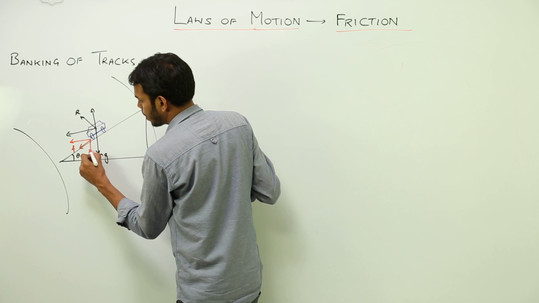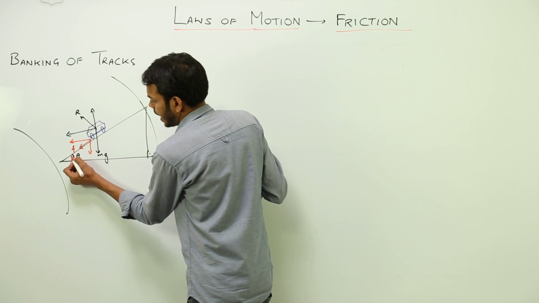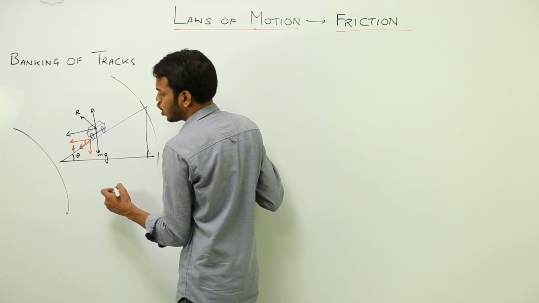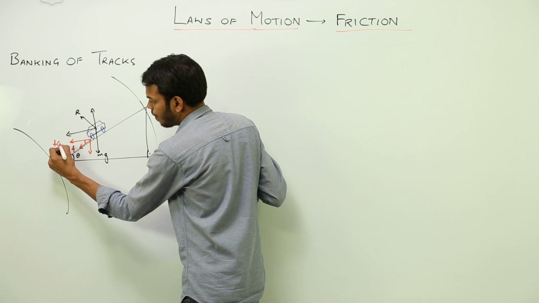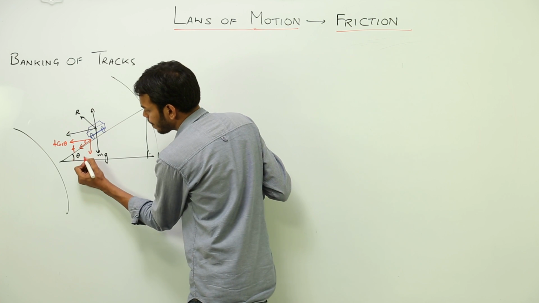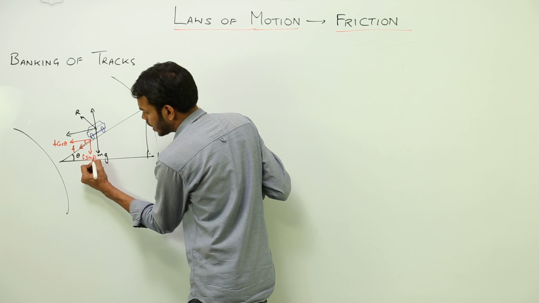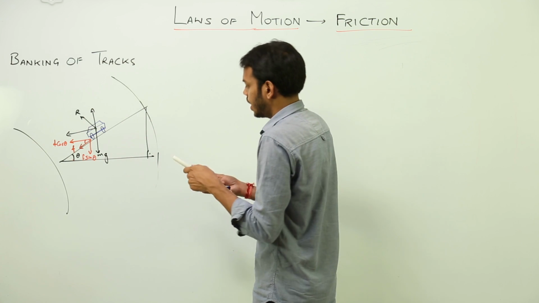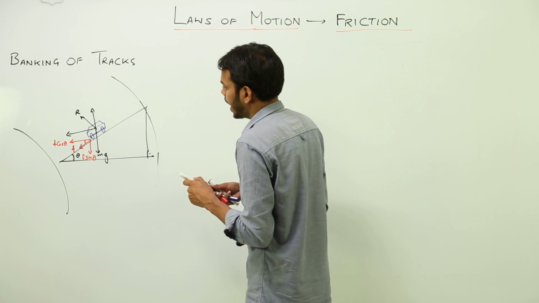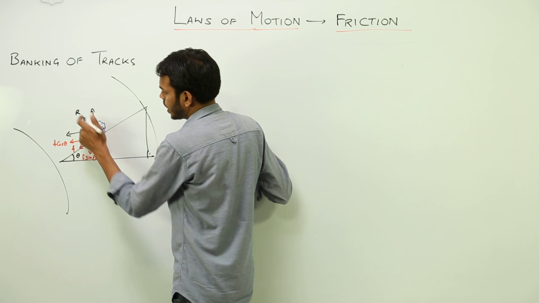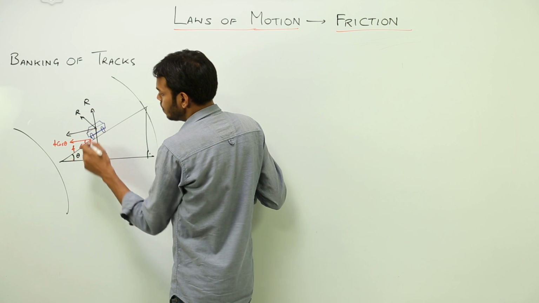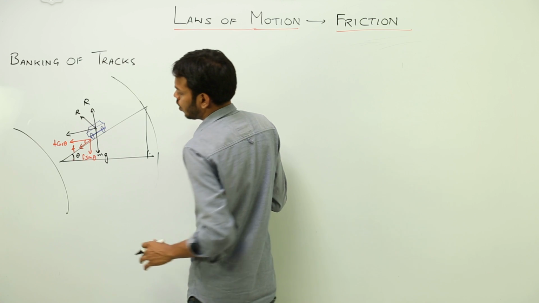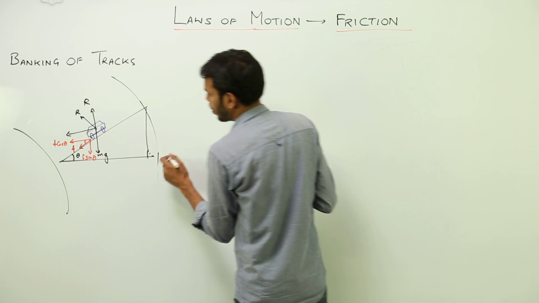So these are two components of frictional force, right? This angle is theta, that means this angle would also be theta. So this is F cos theta and this would be F sin theta. Whereas the components of the reaction force R will be what? This is R. If this angle is theta, how do we make the diagram from this?